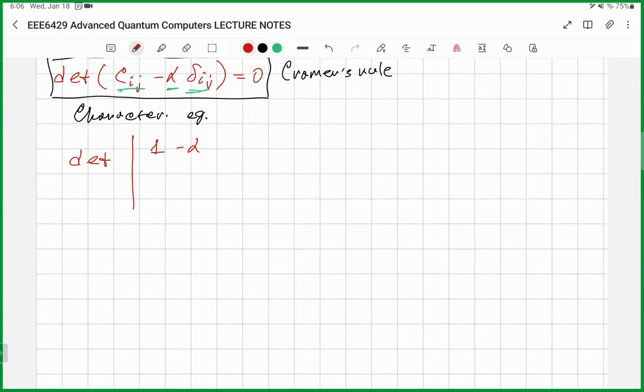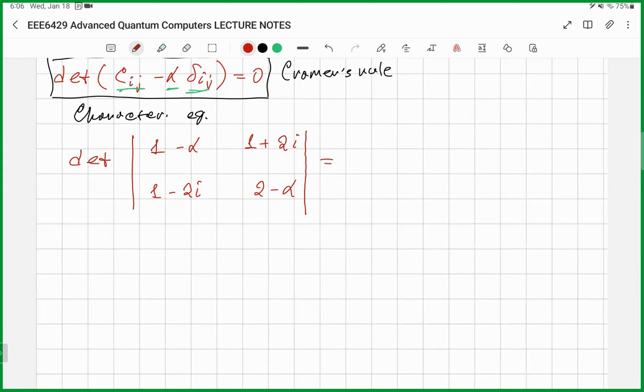So for off-diagonal elements, I will get 1 plus 2i, here 1 minus 2i, and here 2 minus alpha. Sorry, my alpha and 2 look very similar.